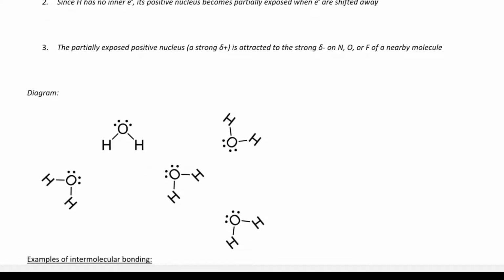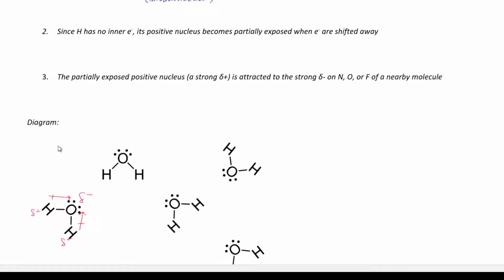In the example here, this OH bond here is extremely polar. And that means that the electrons will strongly be shifted away from the hydrogen, creating a delta negative over here and a delta positive over here. Okay, this oxygen, because it is very electronegative, really pulls the electrons over to it. Same thing over here.